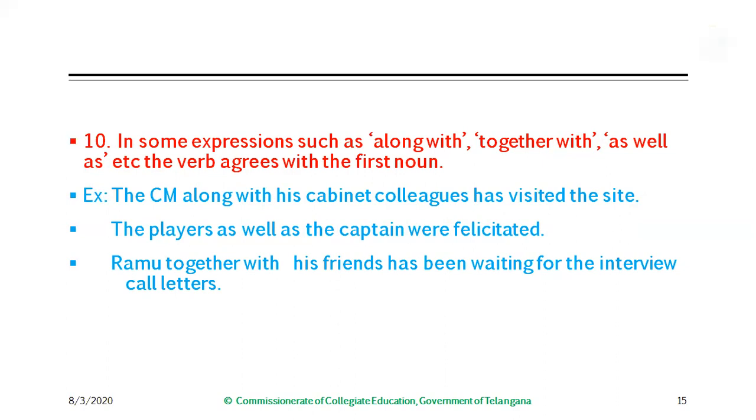The CM, along with his cabinet colleagues, has visited the site. There are two nouns, the CM and his cabinet colleagues. But here, the first noun is the CM, it's singular. So here the verb takes agreement with the first noun.